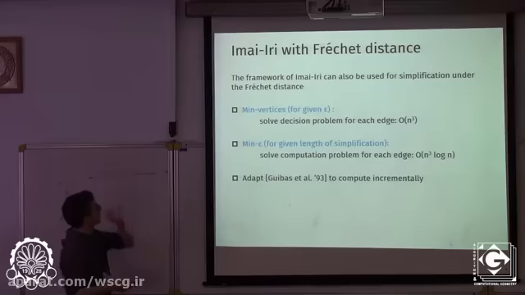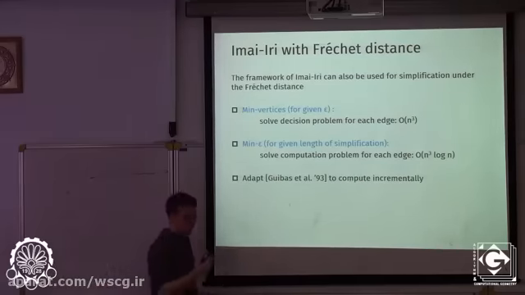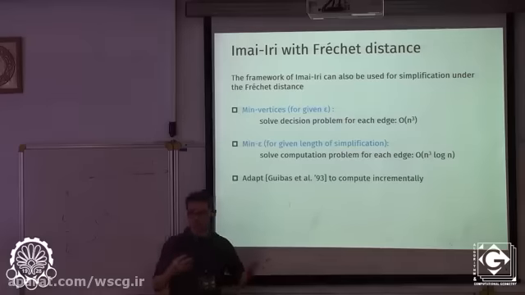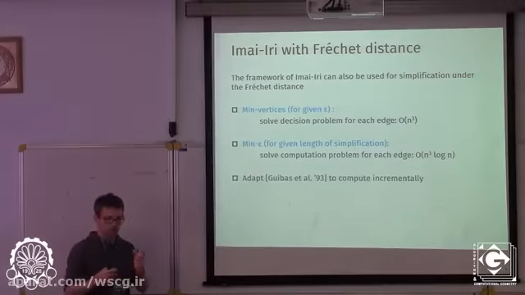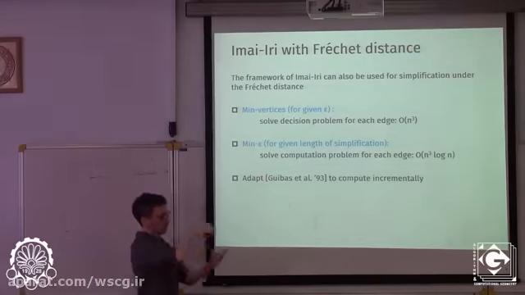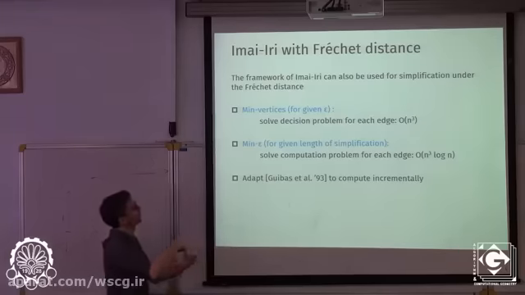If I want to do it for the Fréchet distance, then I can use exactly the same framework, but this improvement that I just showed you was special to the Hausdorff distance. So what I will now have to do is test for segments whether the Fréchet distance to the subcurve is small.